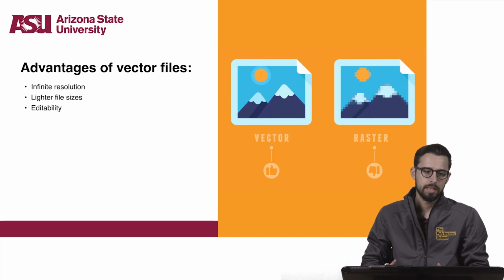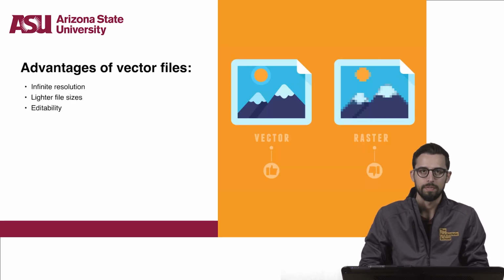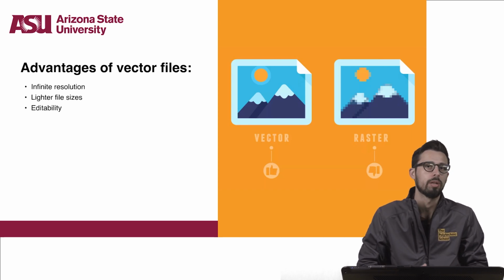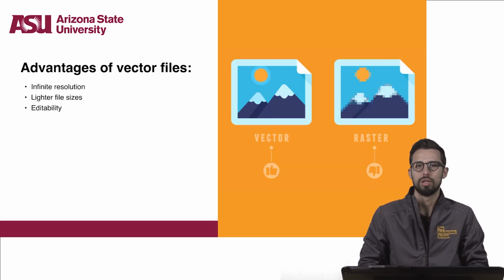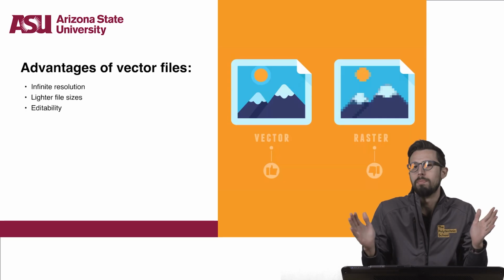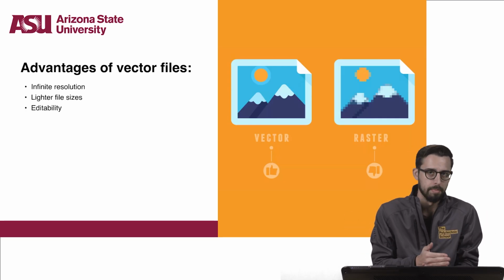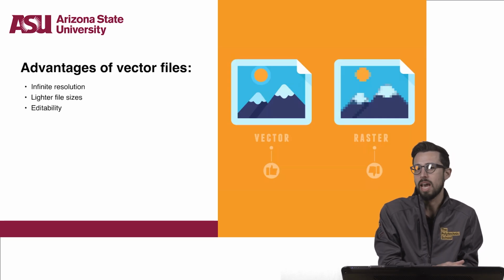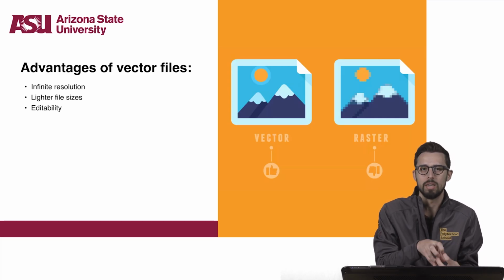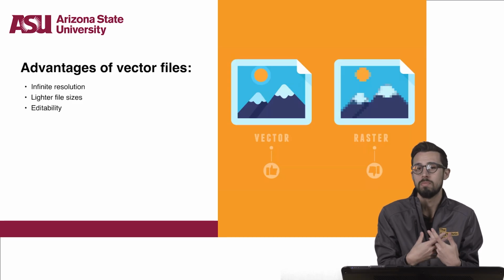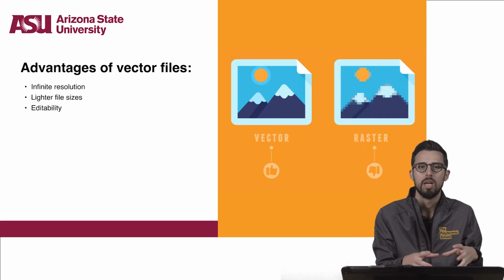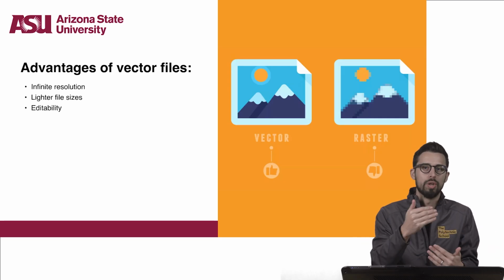All right, some of the major benefits that you can get from vector files include really infinite resolution. There's virtually no limit on how big you can make your vector image. In contrast, raster files only have a fixed number of dots. So if you were to enlarge them too much, the dots would then become visible to the eye.